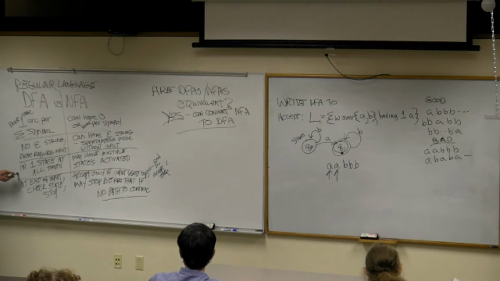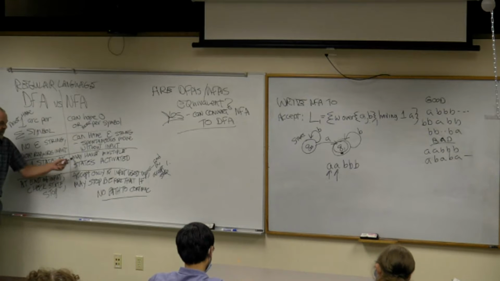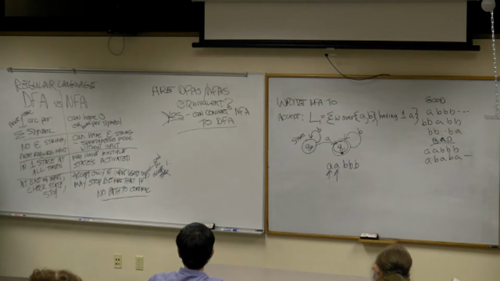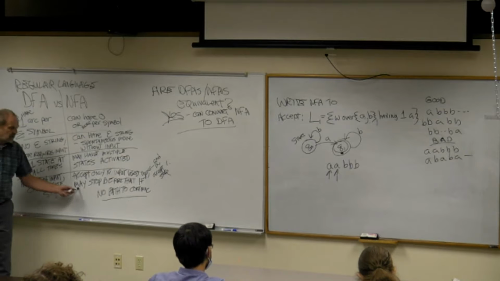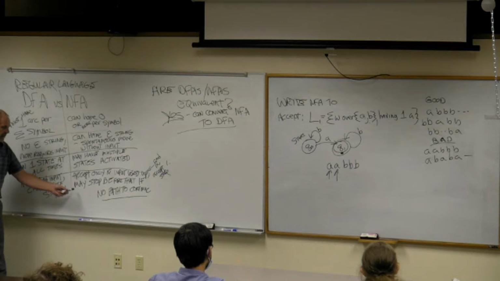Here in one state at all times. Well, an NFA may have multiple states activated, but you could have one state activated all the time, so this meets that criteria. And at the end of the input, you check the state and stop. Well, this one, if there is a path, will use up the input.